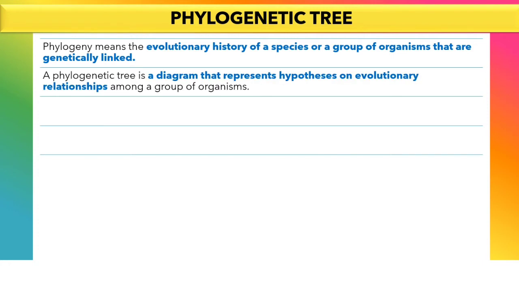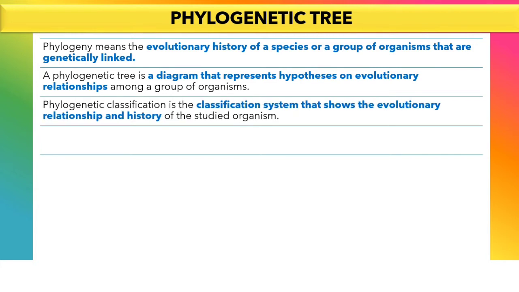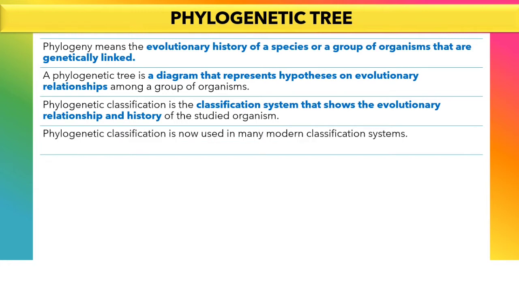A phylogenetic tree is a diagram that represents hypotheses on the evolutionary relationship among a group of organisms. Phylogenetic classification is the classification system that shows the evolutionary relationship and history of the studied organisms. It is now used in many modern classification systems.